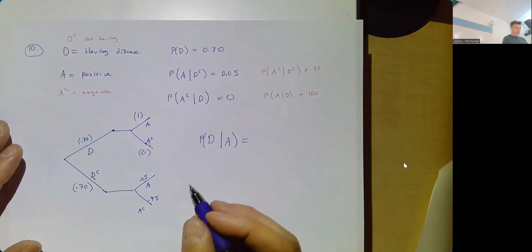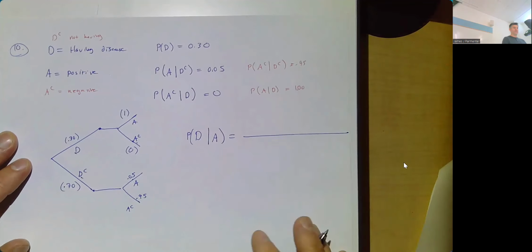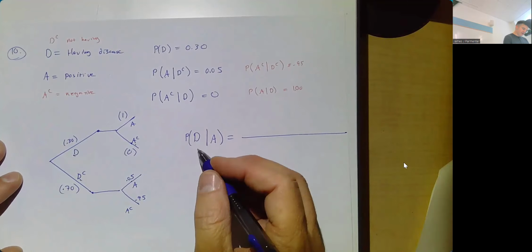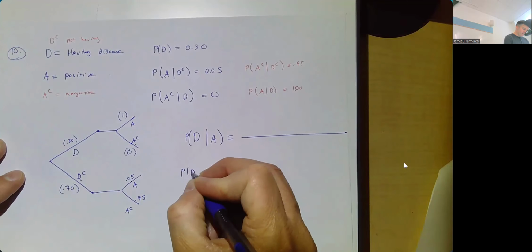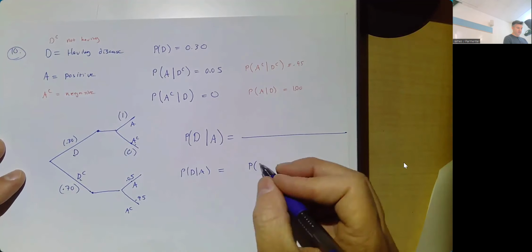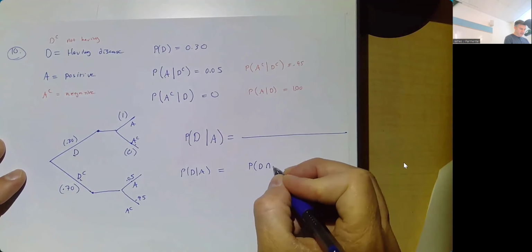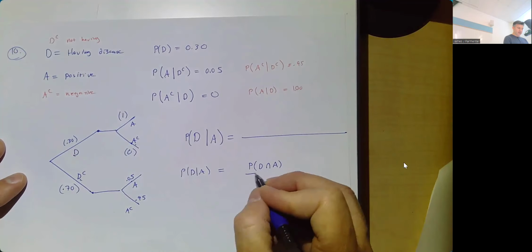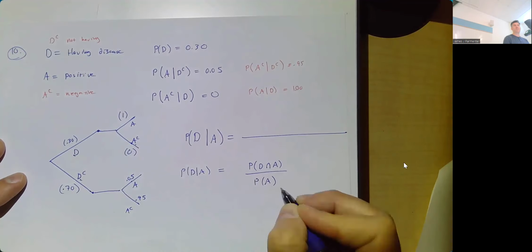Then I'm just going to look at my tree to figure it out. Oh, not quite. I'm going to do one other thing first. Let me remind myself that whenever it's a conditional probability, it's always the probability of the first thing and the second thing, or the intersection, divided by the probability of the given thing.